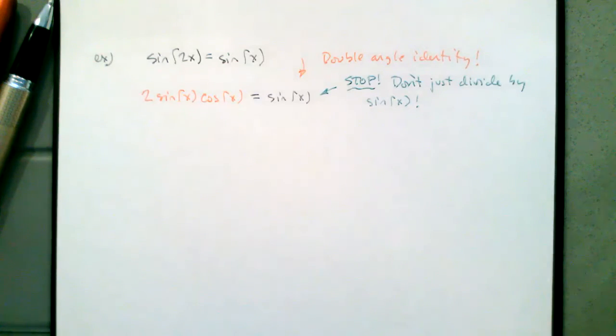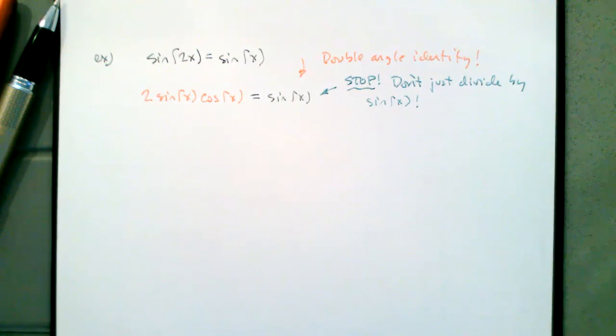It's actually more of an in-between quadrants thing. We don't just want to divide by sine of x. Why can't we divide in this case? Oh, sine x might be 0, and so dividing by sine x might be undefined. We know that there are certain values of x for which sine of x is equal to 0. And so if we go around dividing by sine x, we might be dividing by 0.